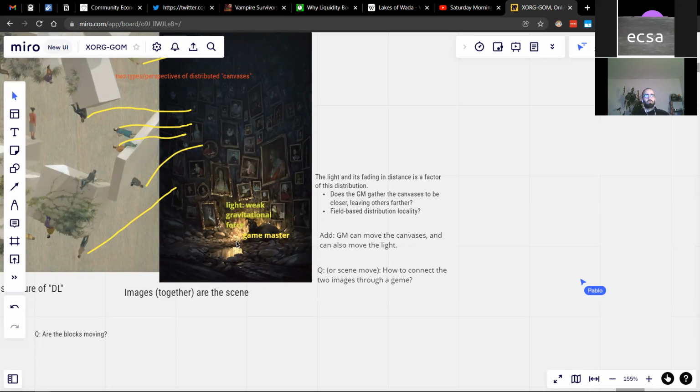context of process, multiple scenes, whatever, and then moving the light, which can mean a sort of focus, but in this field-like fashion. It's not focus as one pinpoint, it's focus as an area.